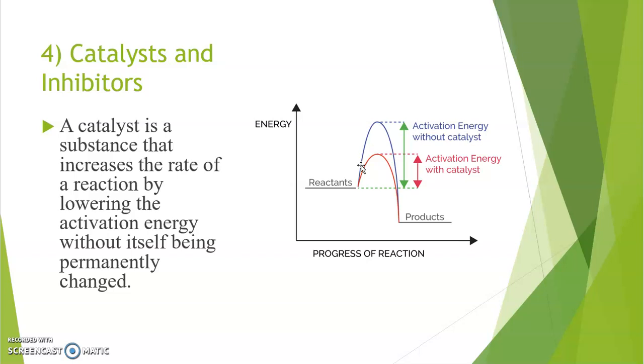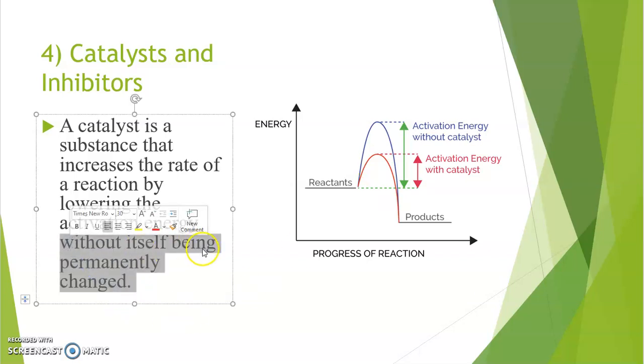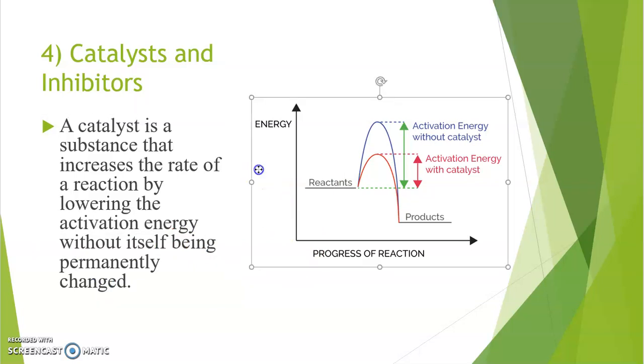This is what makes a catalyst very special: it is not permanently changed, so you can recollect it. So to sum up, a catalyst is a substance that lowers the activation energy and increases the rate of the reaction, and it does not change or participate in the reaction itself. It just increases the rate.